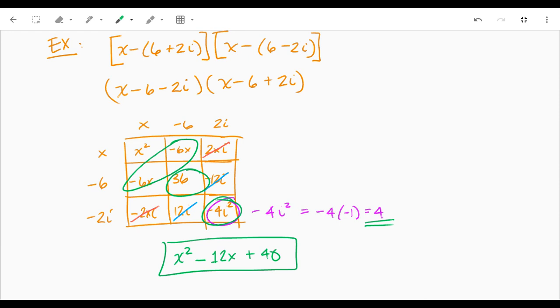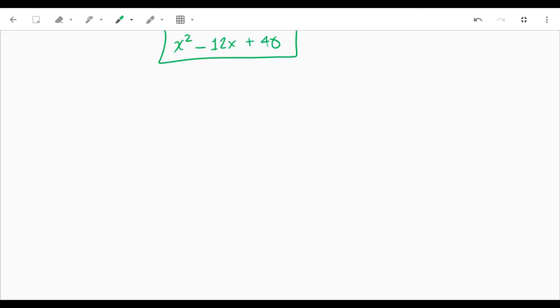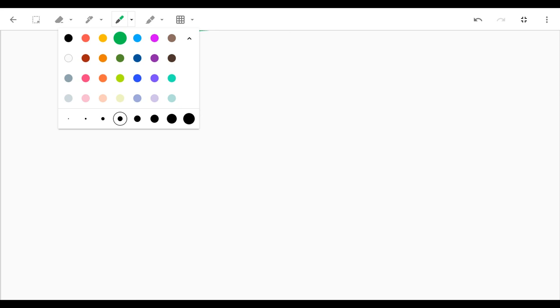All right, let's do another one. We have finding polynomials of a given degree with given zeros.